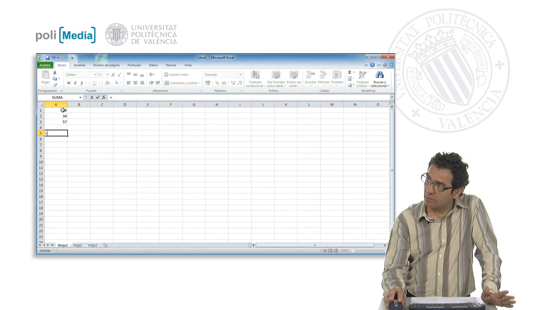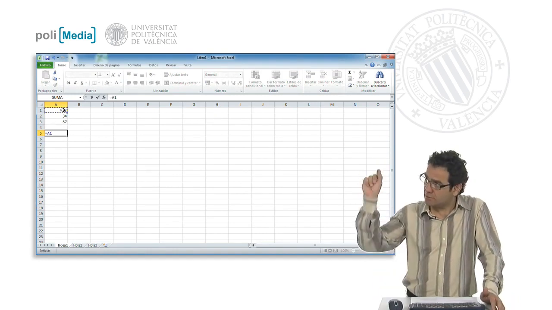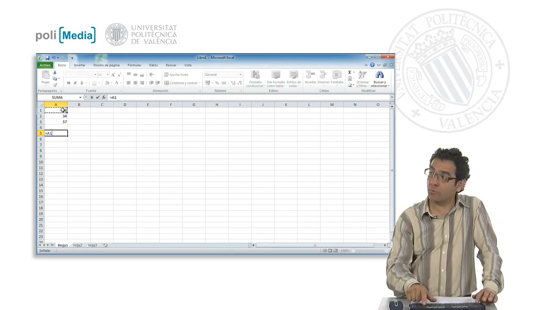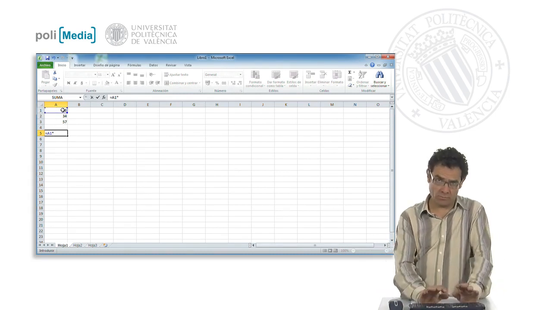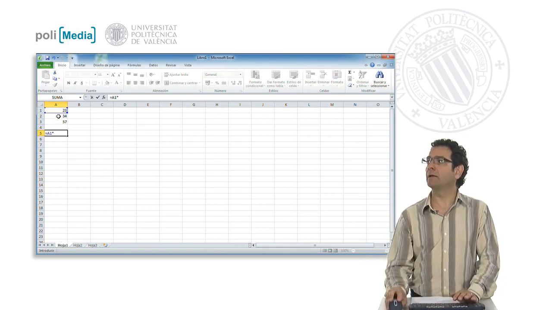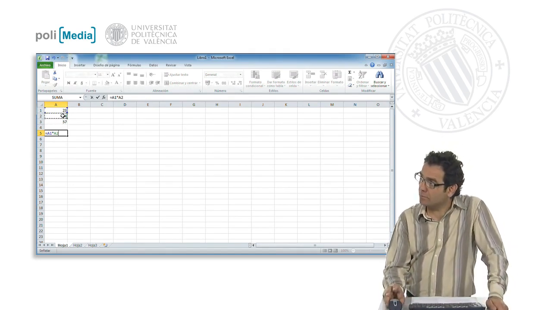I select cell A1, and in this moment it enters the reference to this cell. I indicate the operator multiplication asterisk, and we see that I have to introduce a value. I could do so using the keypad, or I could signal the corresponding cell, the second value that I want to enter in the multiplication.